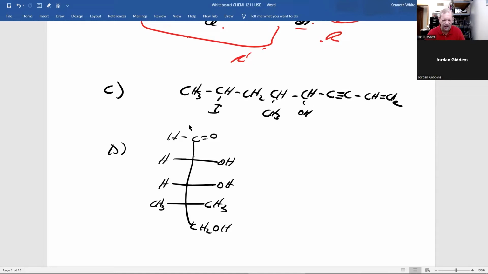Every intersection of a line, like here, here, and here, are carbons. And why don't you also on that one try to circle the chiral carbons, 3 points each.